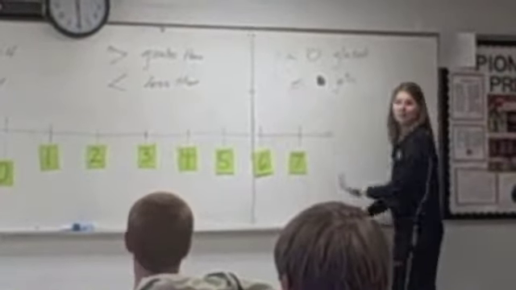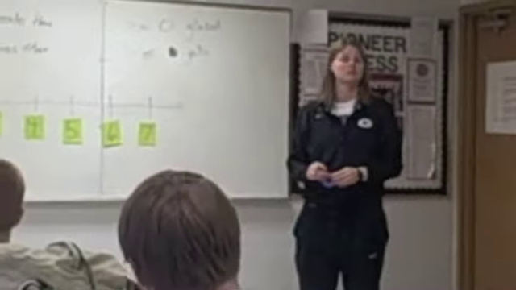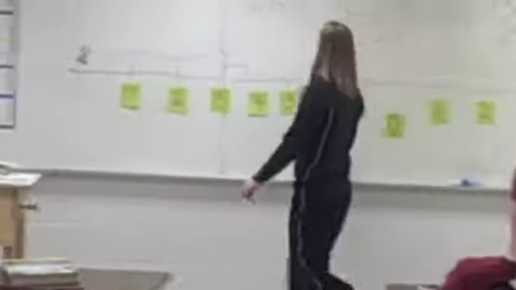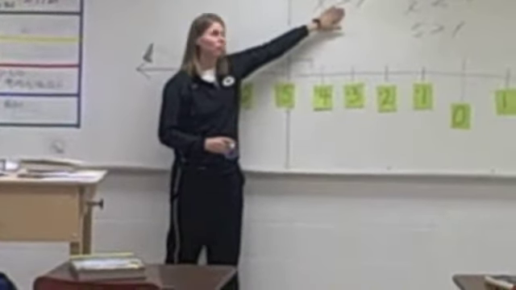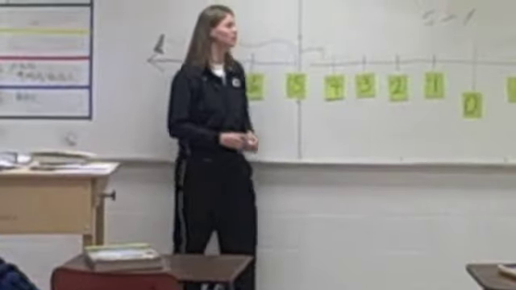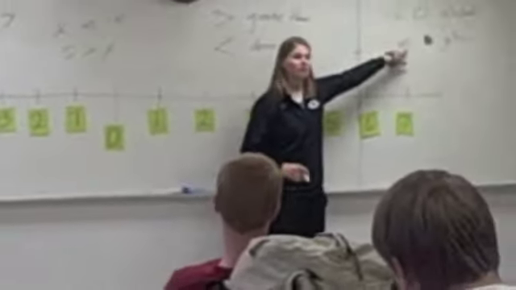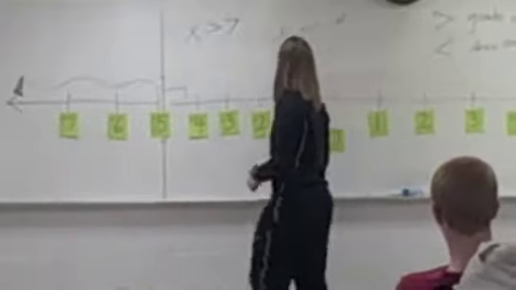What if it was X is greater than 7 equals a certain number? We're going to have inequality symbols with equal signs too. If we combine them, then they're either greater than or equal to, and less than or equal to. And we'll do one of those right now. Lee, come up here.